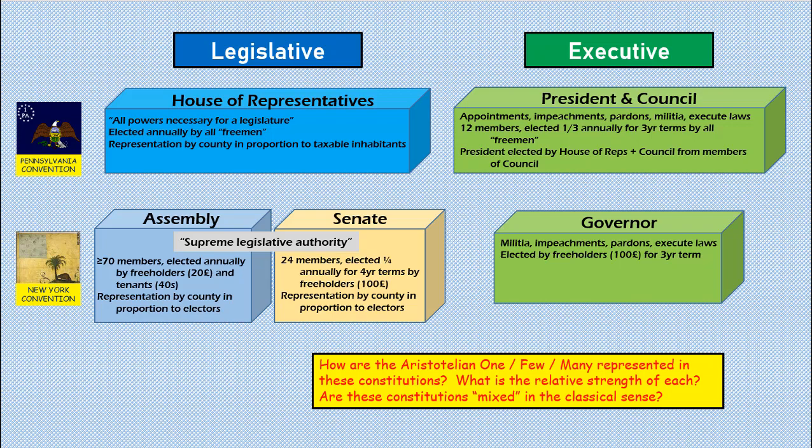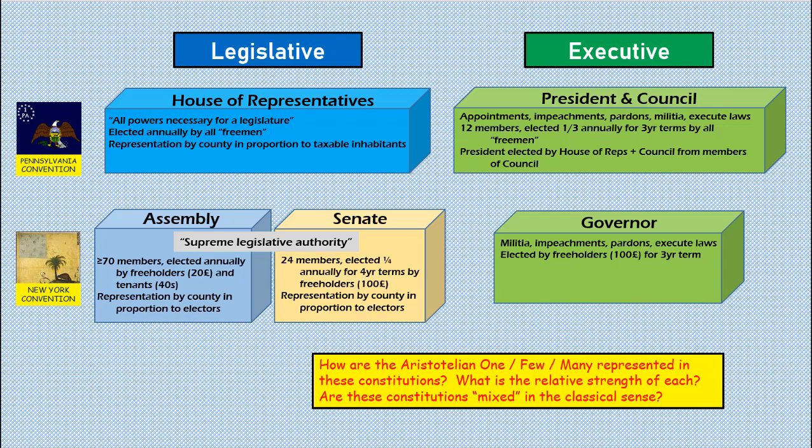But you can see in the difference between these two state constitutions the limits of their democratic radicalism. Pennsylvania comes out much more egalitarian, much more radically democratic than any other state, exactly because it not only goes to war against the principle of the one by embodying the executive in a plural office, but also eliminates the idea of the few.